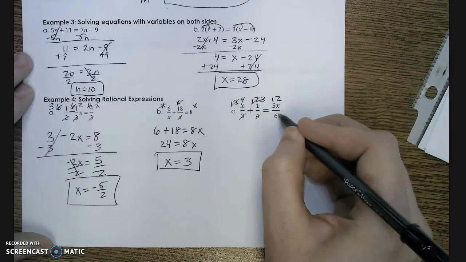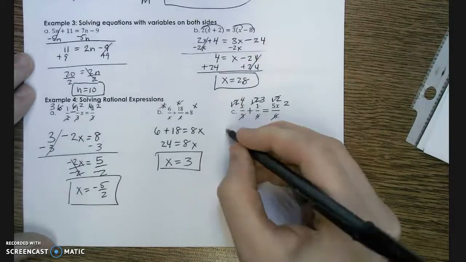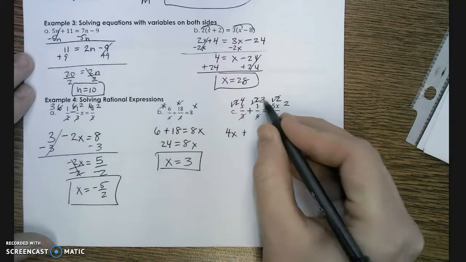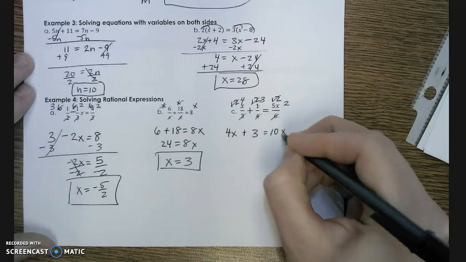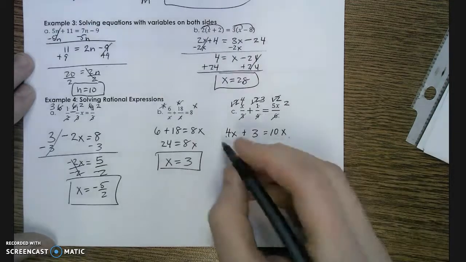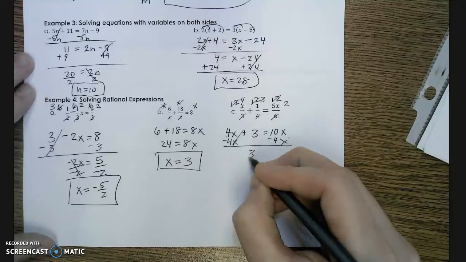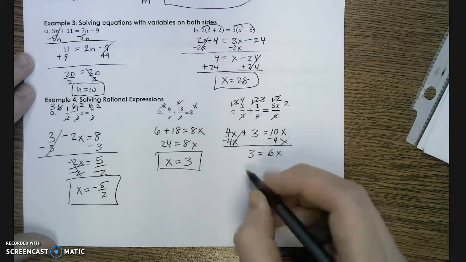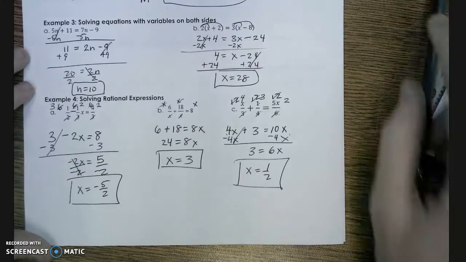And if I reduce the 6 and the 12, that leaves a 2 with the 5x. So we're left with 4x plus 3 equals 10x. I've got two variables, get them on the same side, so I'm going to subtract 4x to the other side. And then divide by the 6. So we get 1/2 for the x.